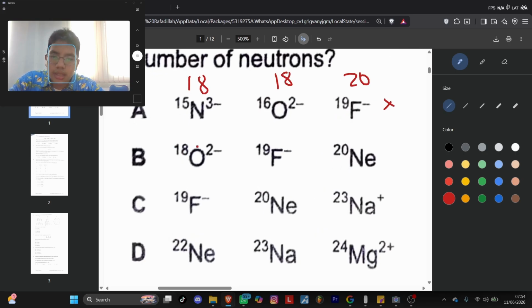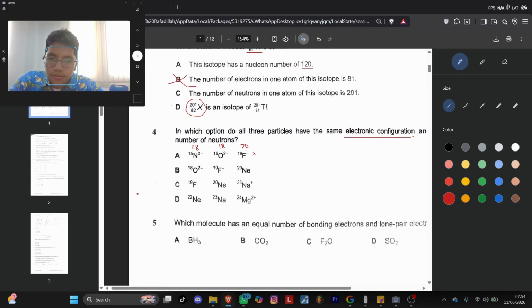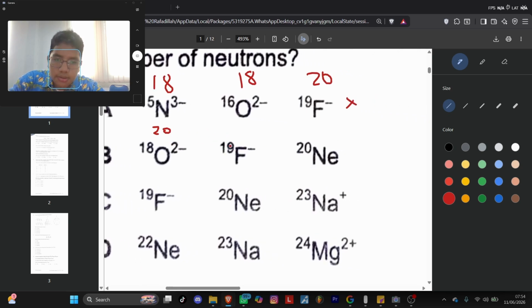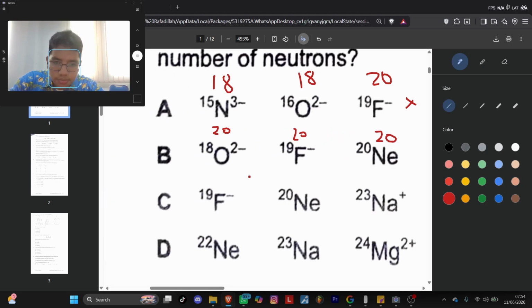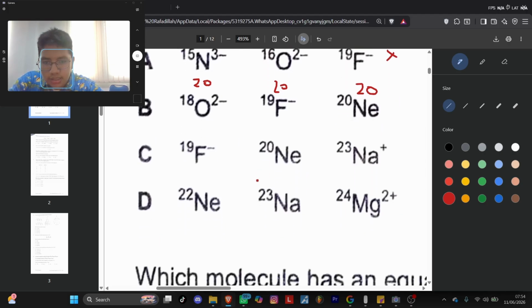Second one. Let us search the electron configuration first. This is 20 because 18 plus 2 is 20. 19 plus 1 is 20. And this is also 22. Okay, this might be the answer. But let's see these two answers.